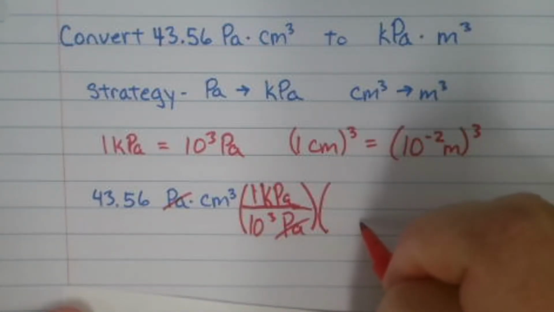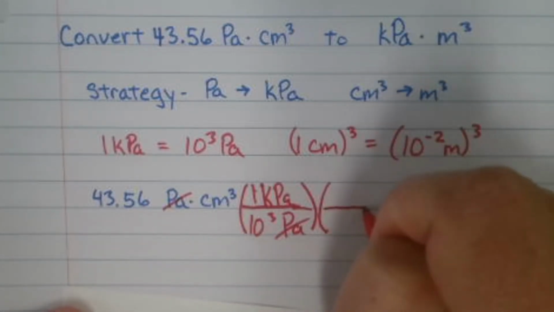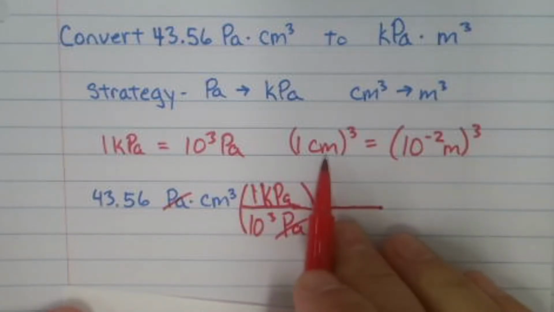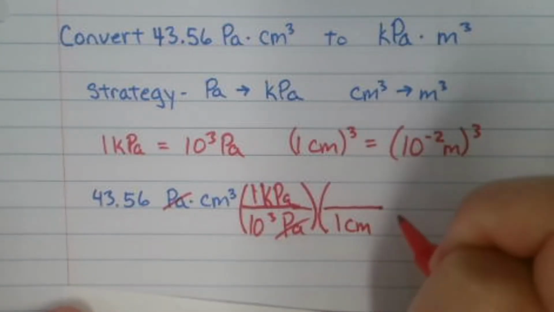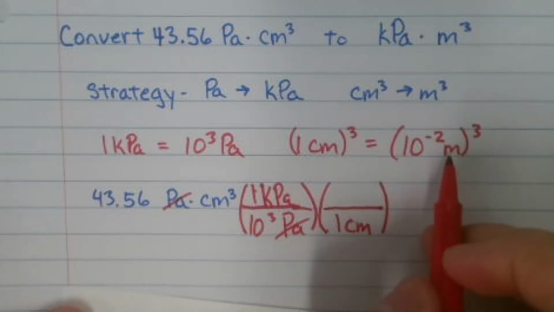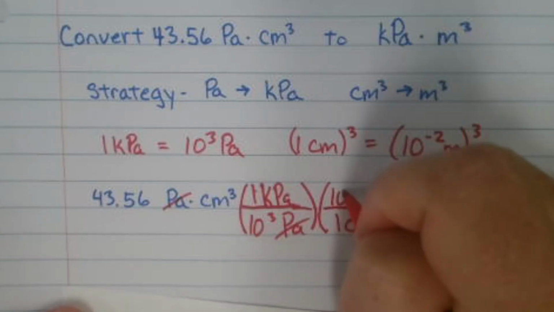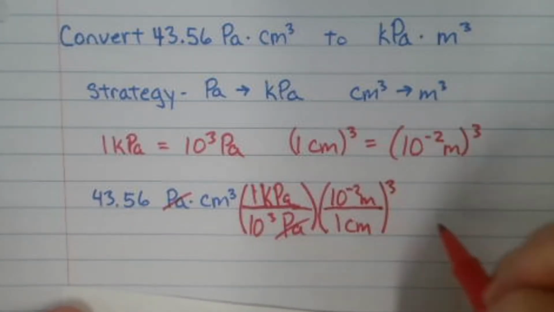Our next conversion is centimeters cubed to meters cubed. And since we have centimeters cubed on the bottom, we're going to put centimeters on the bottom. And so here's our centimeter. That's going to be 1 centimeter. And then we put meters on top. That's 10 to the negative second meters. We have to cube the whole thing.